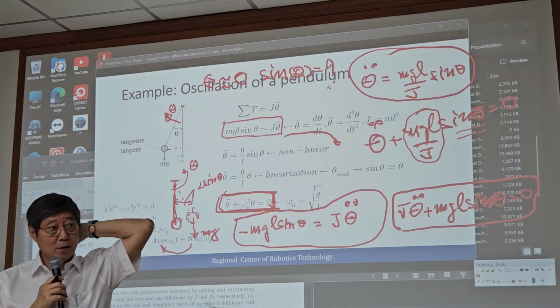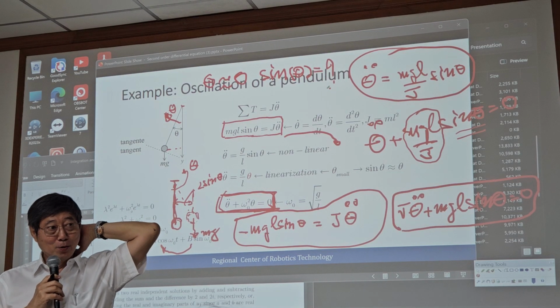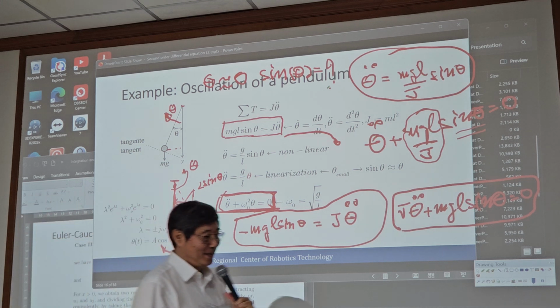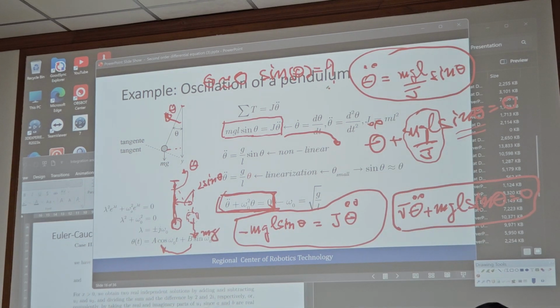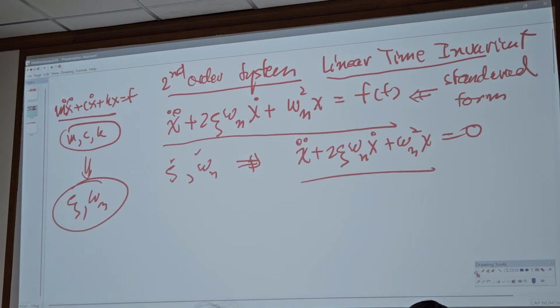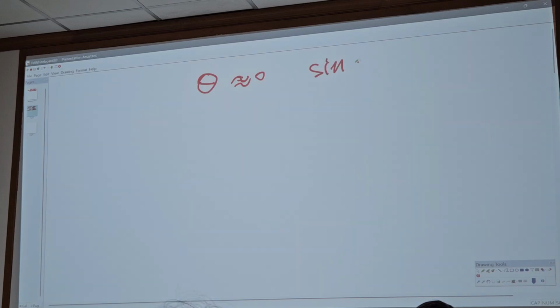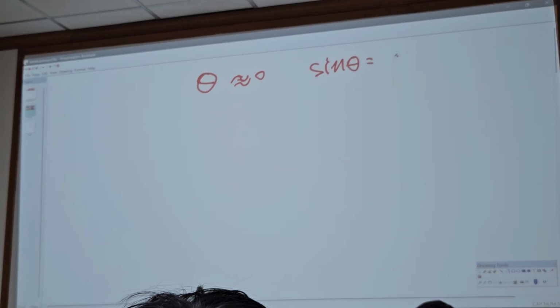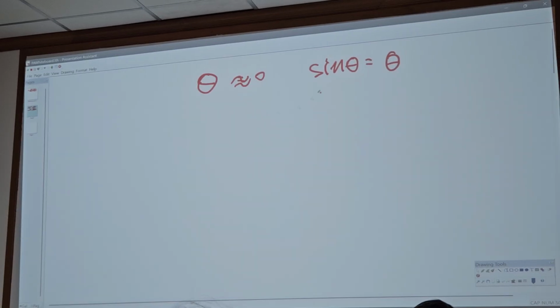Why? Can you prove that? You can do the sandwich theorem. Can you prove it? If theta is small, sine theta will be equal to theta, and cos theta will be equal to 1.